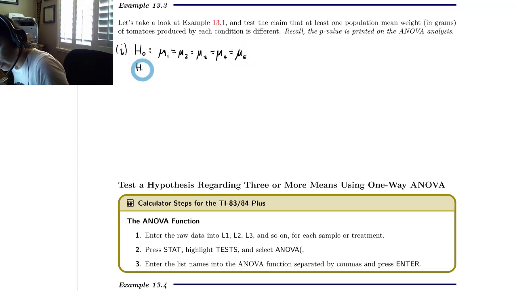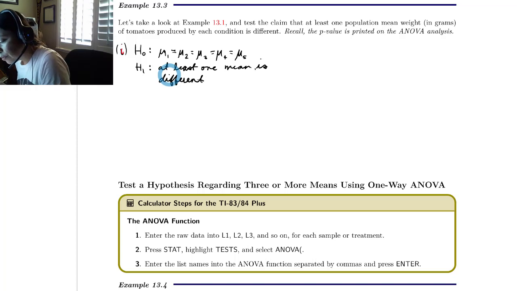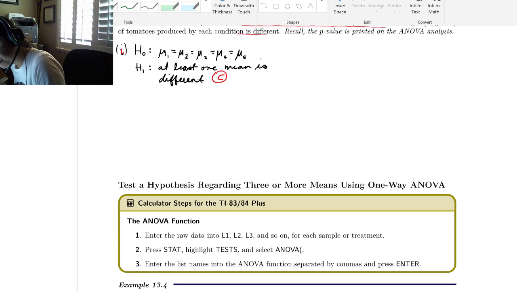And the alternative would be at least one mean is different. Okay, and then we're testing the claim that at least one population mean weight is different. So the claim is the alternative. So we have to mark that.